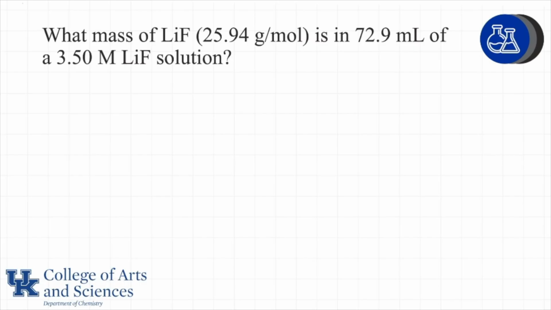Next, we're going to see how we use molarity to find an answer. What mass of LiF is in 72.9 milliliters of a 3.5 molar LiF solution? In this case, we're given the molarity. We're not finding the molarity, so we're going to use the molarity to solve the problem.